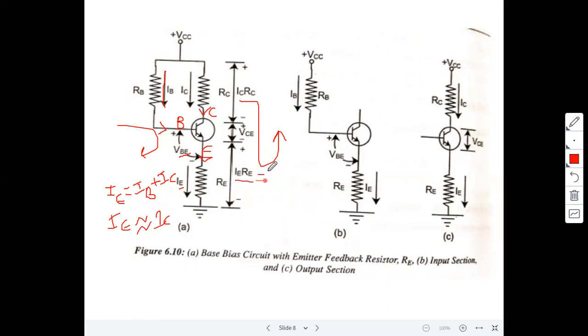This is sometimes also called VE, the voltage drop across the emitter resistor. VE is equal to IE into RE. This is the drop across the collector resistor, IC into RC. The input section is drawn separately here, and the output section is drawn separately here.